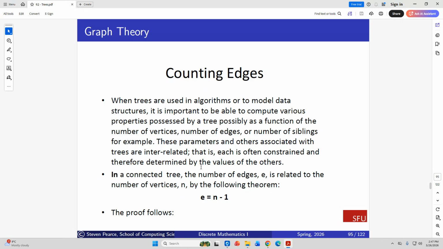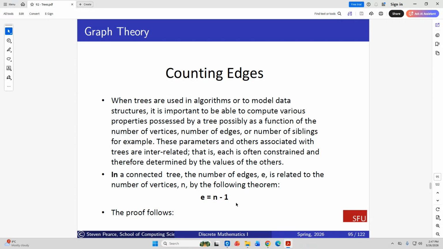Counting edges. This is very important. When trees are used in algorithms or to model data structures, it is important to be able to compute various properties possessed by a tree, possibly as a function of the number of vertices, number of edges, or number of siblings, for example. Let's just stick with edges and vertices. That's what we have down here.